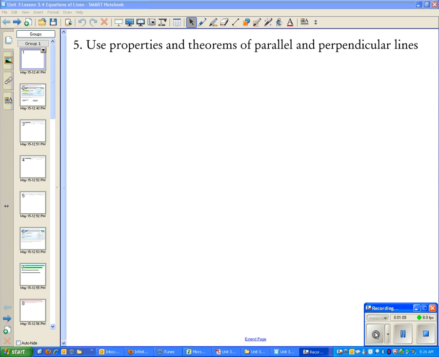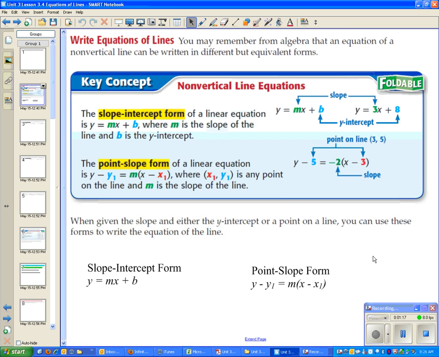So if we're going to be able to use that kind of information to write linear equations, let's review just how we write linear equations. So we see here on page 196, it says you may remember from algebra that an equation of a non-vertical line can be written in different but equivalent forms. Everybody's favorite form is slope-intercept, the y equals.